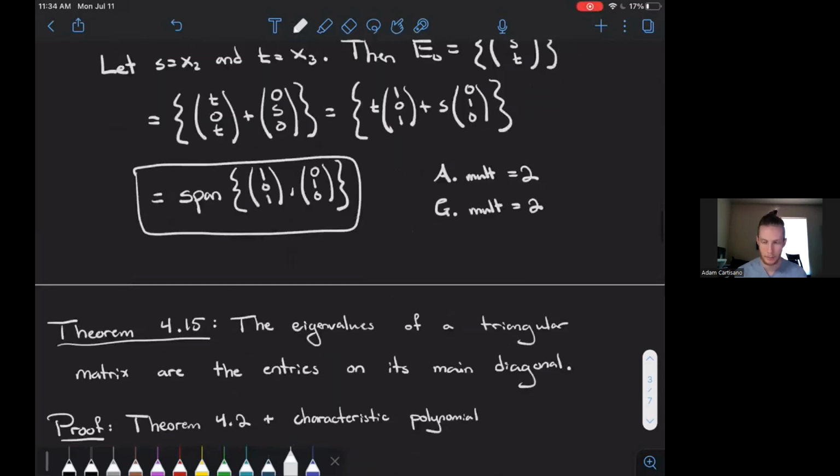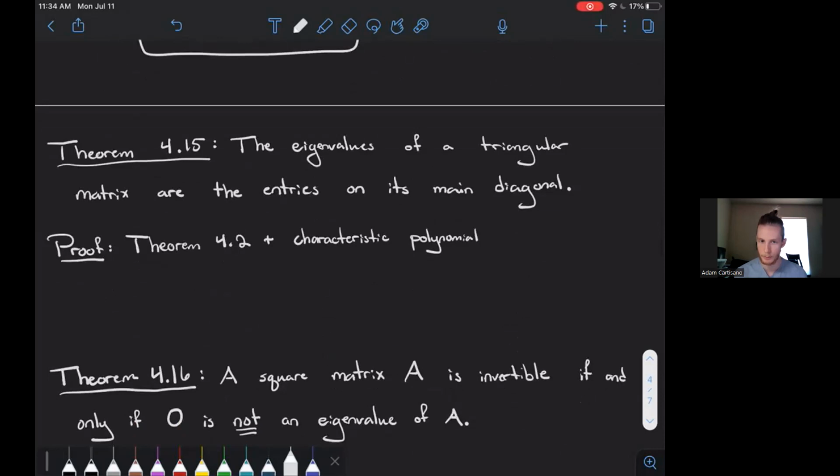So we have a nice theorem which we are going to prove by inspection. The eigenvalues of a triangular matrix are going to be the entries on the main diagonal. How do I know? Because theorem 4.2 tells us that the determinant of a triangular matrix is the product of its main diagonal.